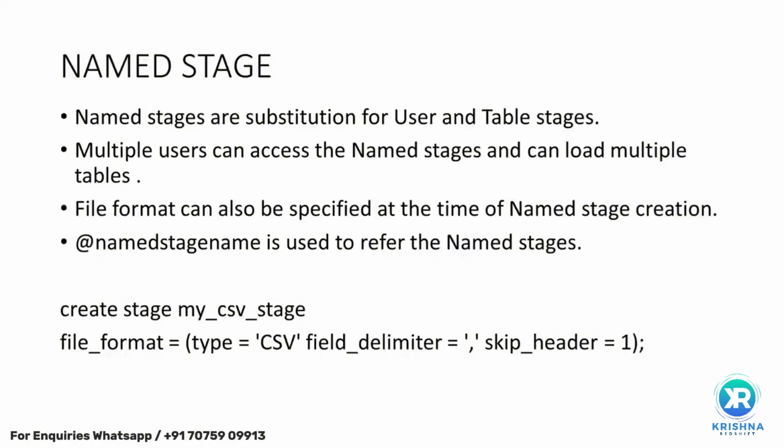Generally we create a stage with whatever stage name you give. For file formats, you can give the type, maybe CSV, Parquet, Avro, JSON, whatever it may be. For CSV, obviously you will give the field delimiter. I told you in the introduction class, delimiter means column separator or field separator.